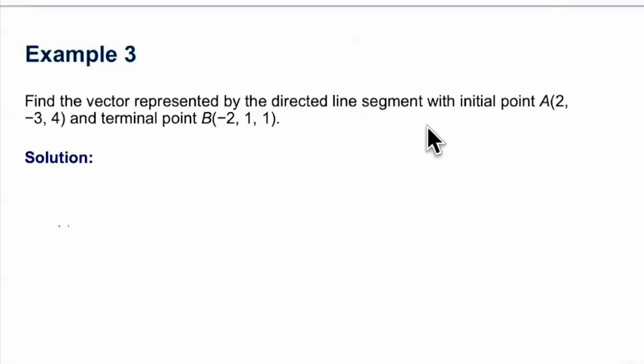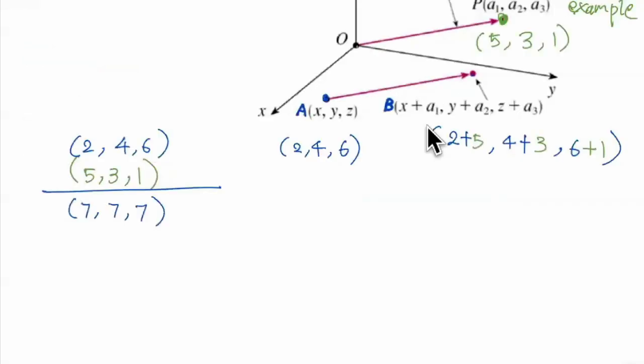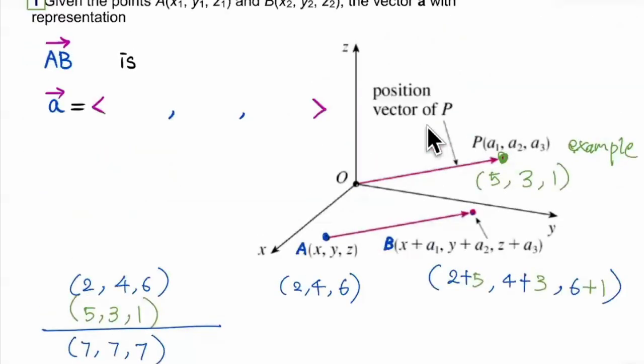It says position vector P, but P is written without an angle bracket. So the position vector of P is actually this vector. This is actually OP, with the arrow on top.